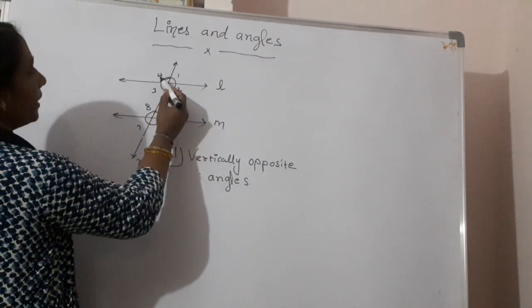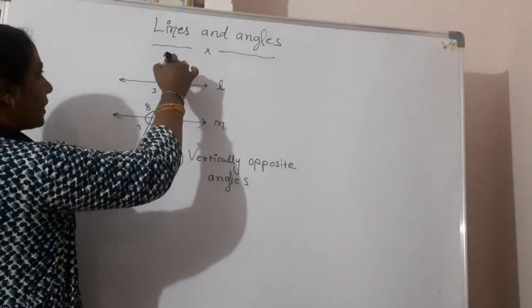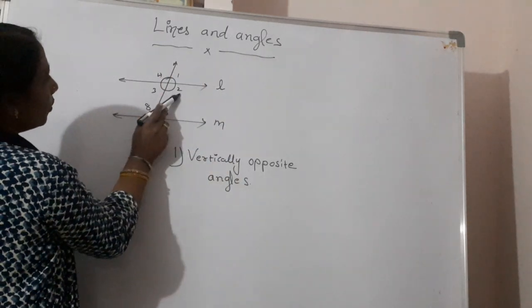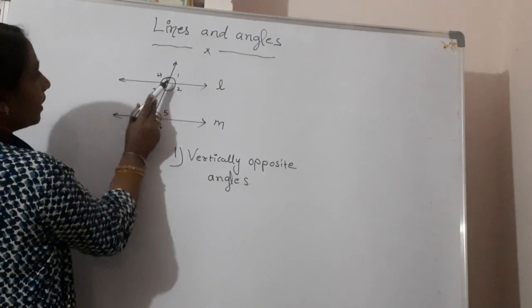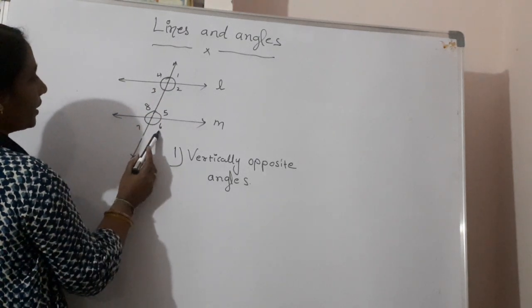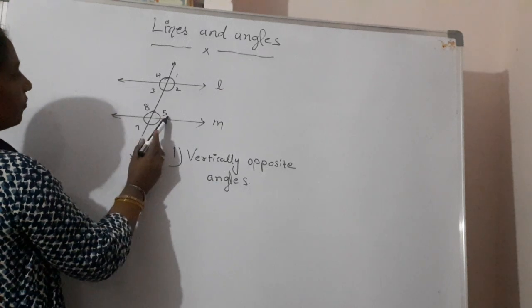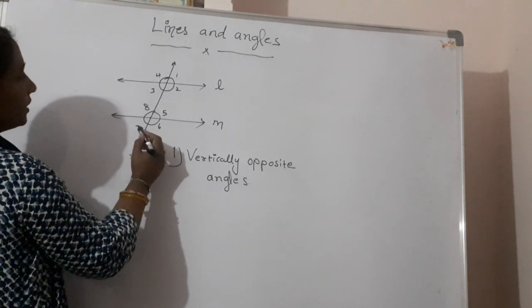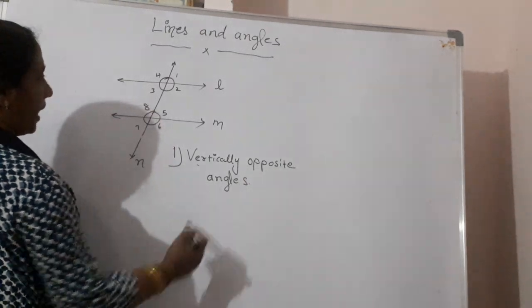The angles can be one inside, one outside. So 2 and 4 are vertically opposite, 1 and 3, then 6 and 8, and 7 and 5. These angles are called vertically opposite angles.